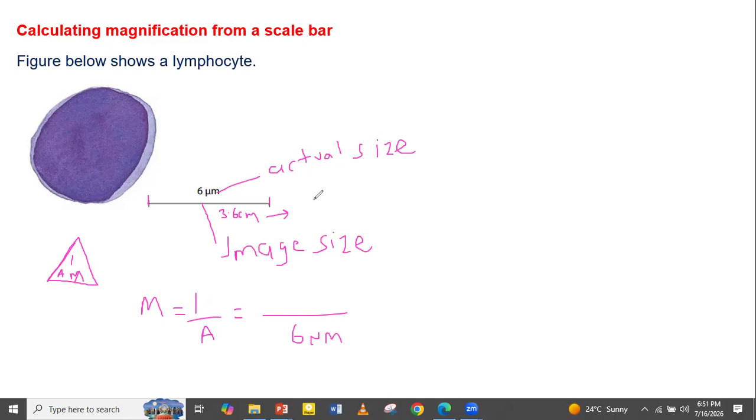And you're going to have 36,000 micrometers. So get that, divide by the actual size. Easy peasy. And our answer, I think, is going to be 6,000. So our magnification is times 6,000.